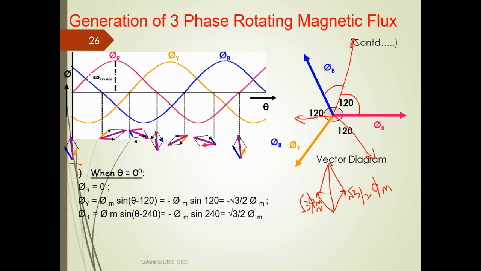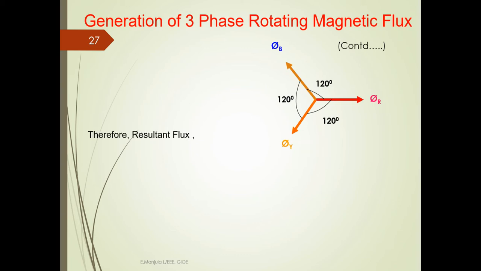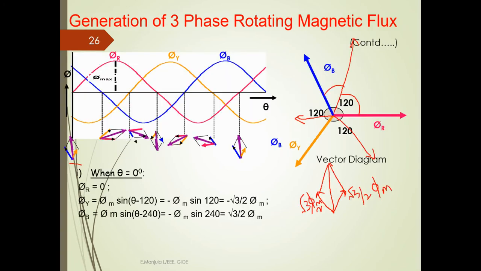So we will see. Therefore the resultant phi r is equal to 2 into root 3 by 2 phi maximum into cos of 60 by 2. So 60 will become 30, right? Because of that it has been given as 60 by 2, that means it is 30.